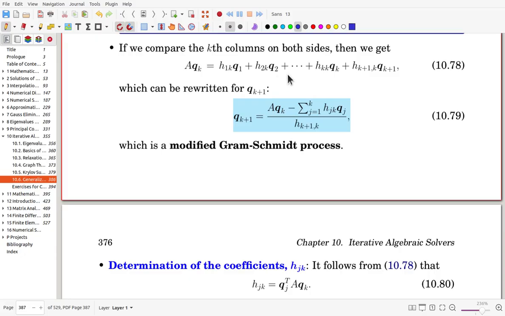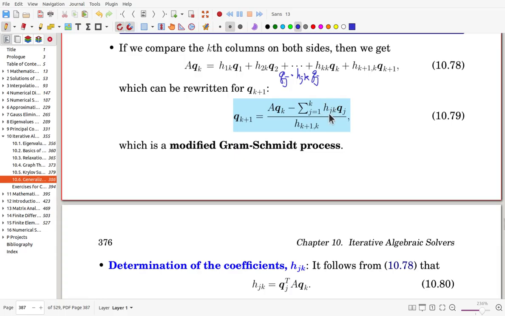So only the jth one will remain there, which is hjk times qj. Once you take the dot product with qj, this dot product will be 1 and the remainder part is hjk. That is exactly this one. So by taking the dot product from q1 up to qk, you can decide all these coefficients. Okay, so we got them.